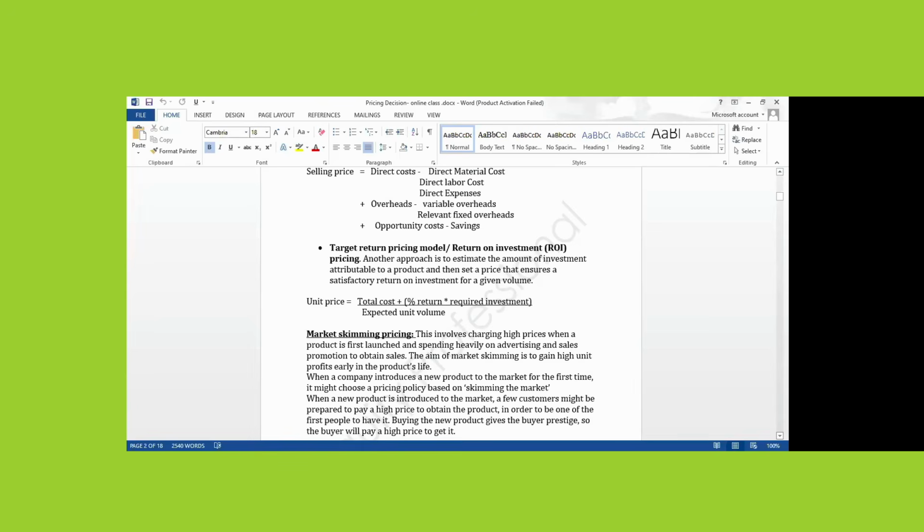The objective of market skimming is to obtain higher profits at the early stage of the product life cycle.